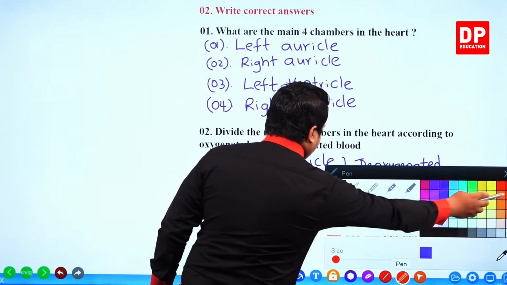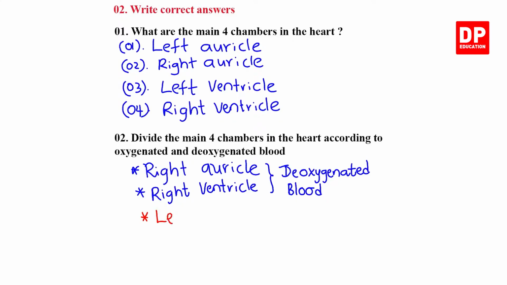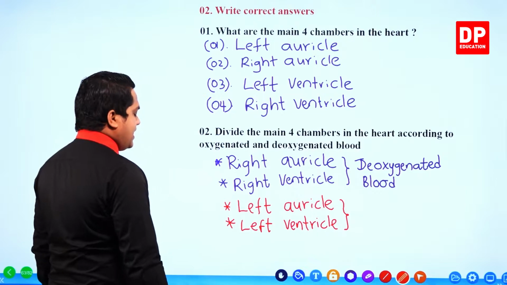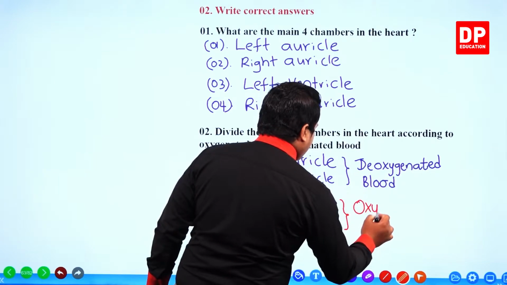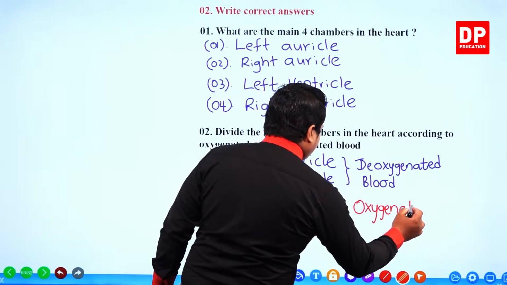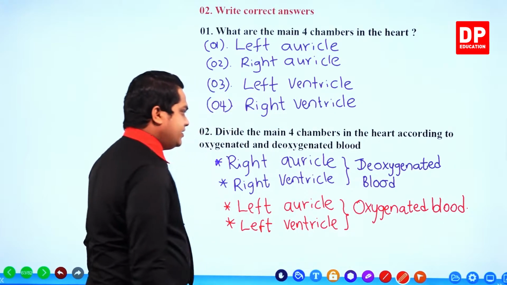Then, my dear children, at the left hand side, left auricle and left ventricle, you can observe oxygenated blood.